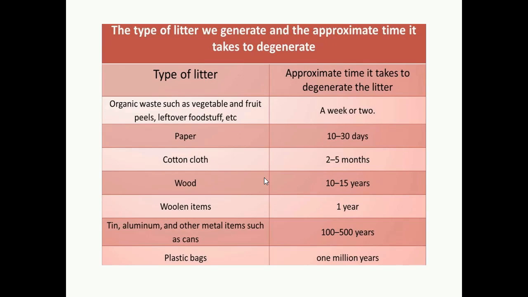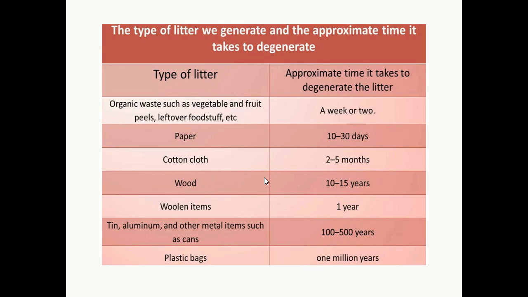Litter is a valuable decomposing product formed on the surface, and you also observe litter matter in the soil profile. The type of litter is formed by the waste materials, and different materials take different times to form litter. Here in the tabular form we observe the types of litter and the approximate time it takes to degenerate.